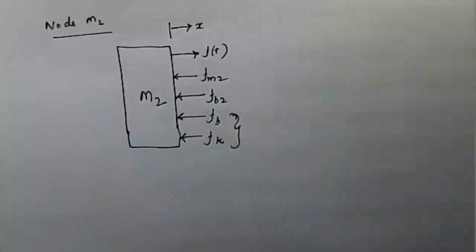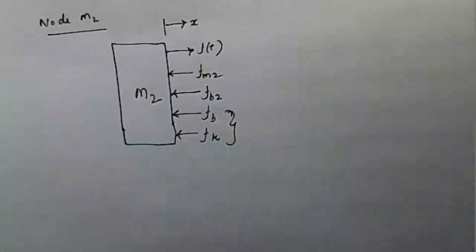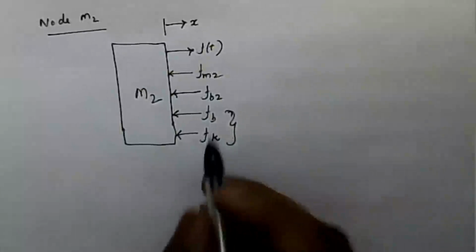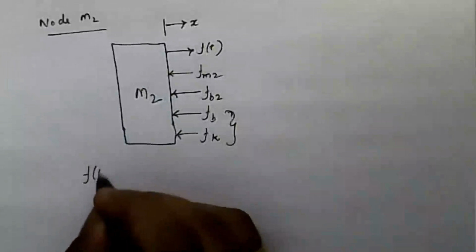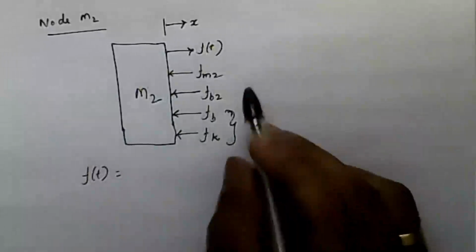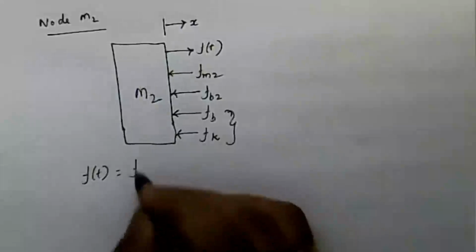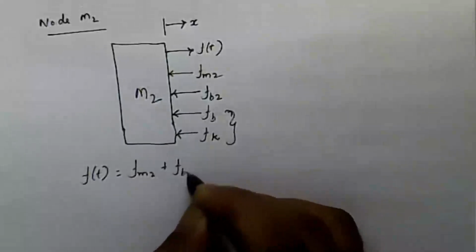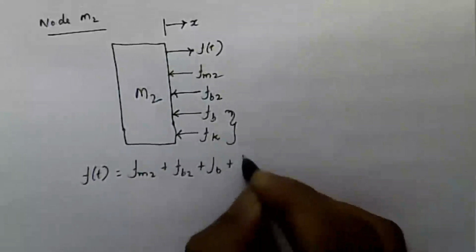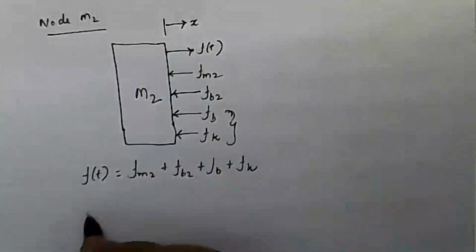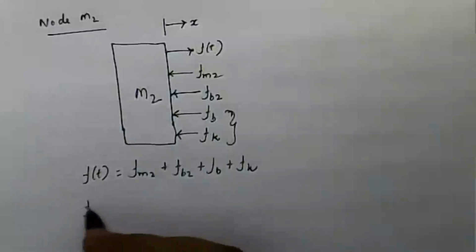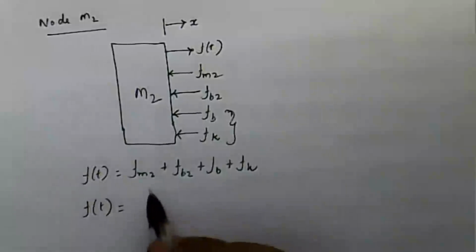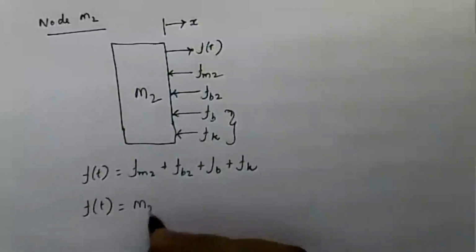According to Newton's second law, the applied force is equal to the opposite force. Here the applied force is F of t. F of t is equal to the opposite forces, summing the terms Fm2, Fb2, Fb plus Fk. Therefore, F of t is equal to: the force acting on the mass element is directly proportional to acceleration.